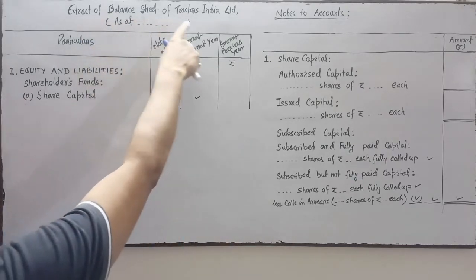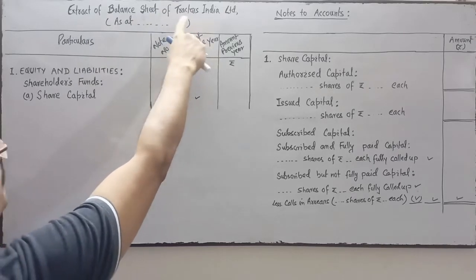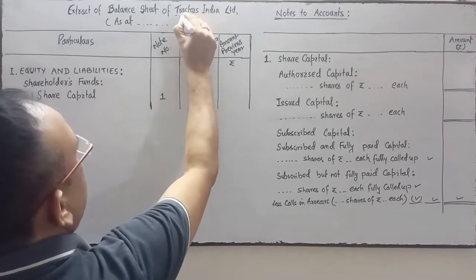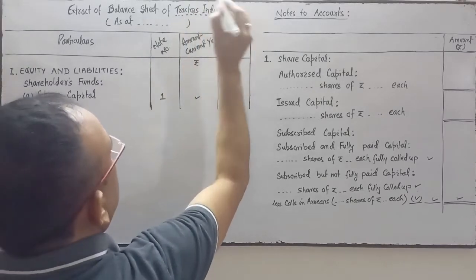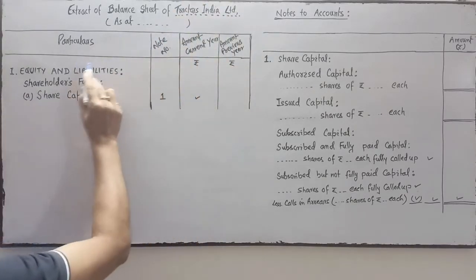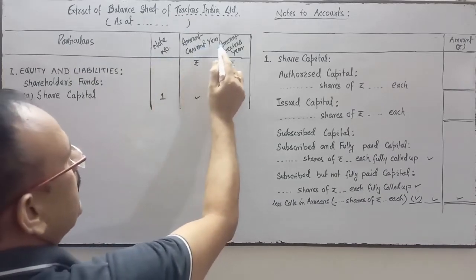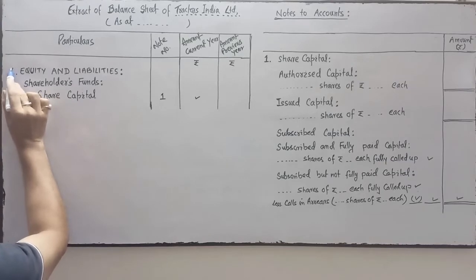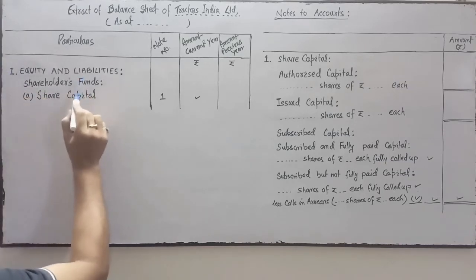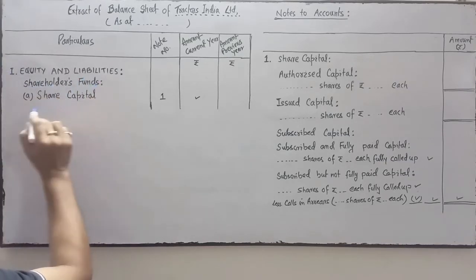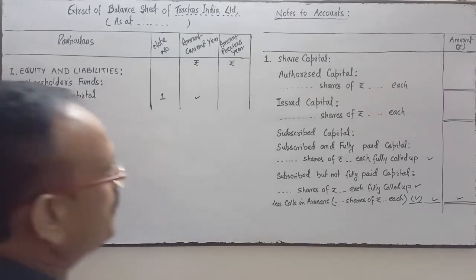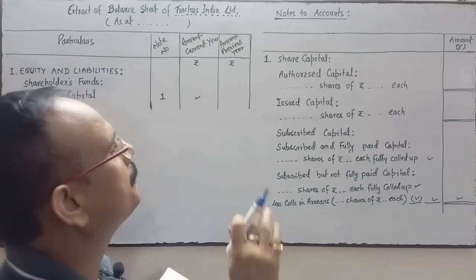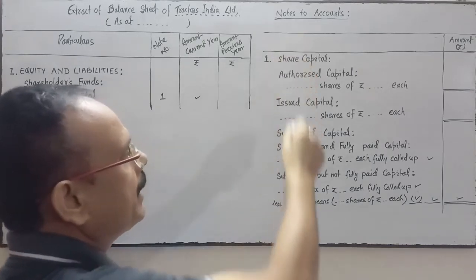The name of the company I have written over here, Tractor India Limited, as at, note number, amount current year, amount previous year. Equity and liability is the first heading. Under this heading, shareholders' fund, and the subheading starts with share capital. All the information of share capital will be reflected in the notes to account.